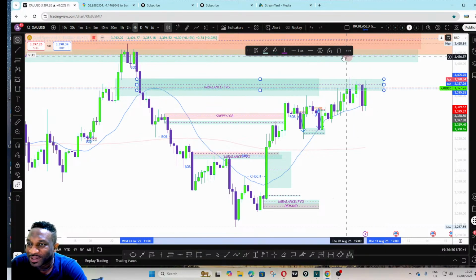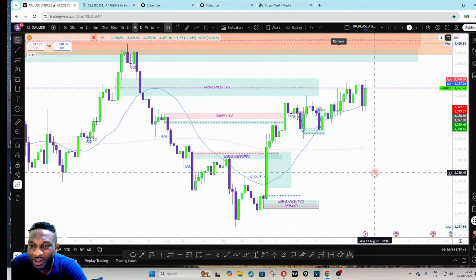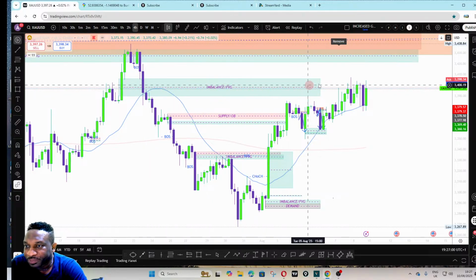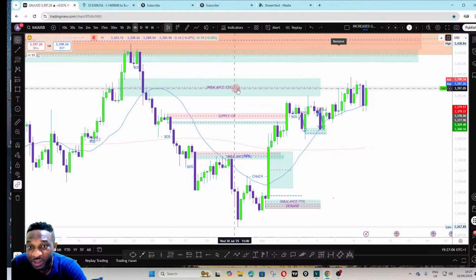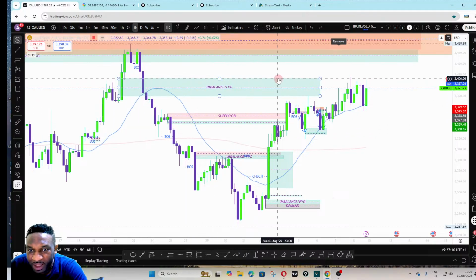So putting that just brought back all the old markings I've done on it. Okay, so just using that explanation, we have this imbalance here that we have price tapping into, closed the imbalance or balanced it. We have it balanced more or less.